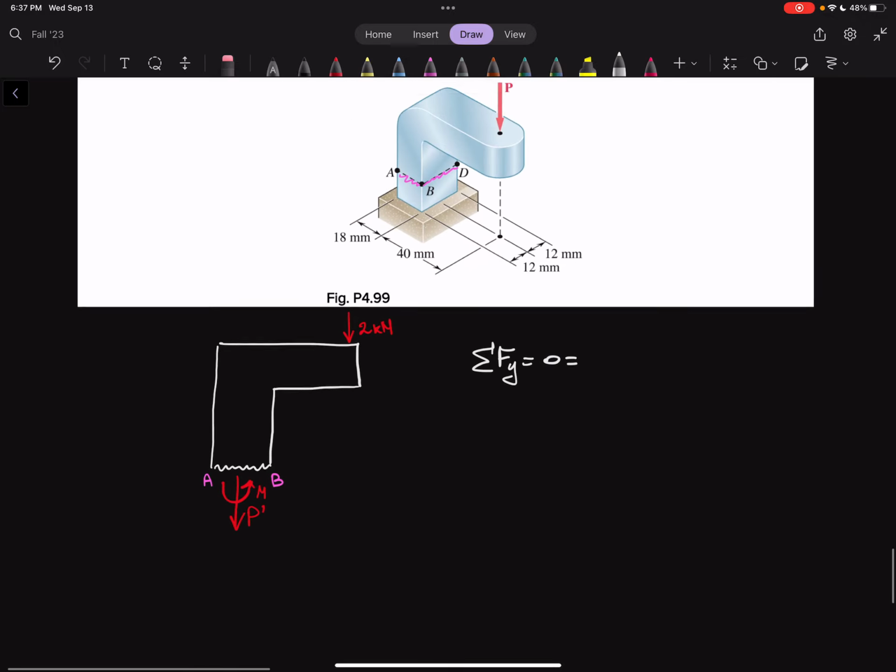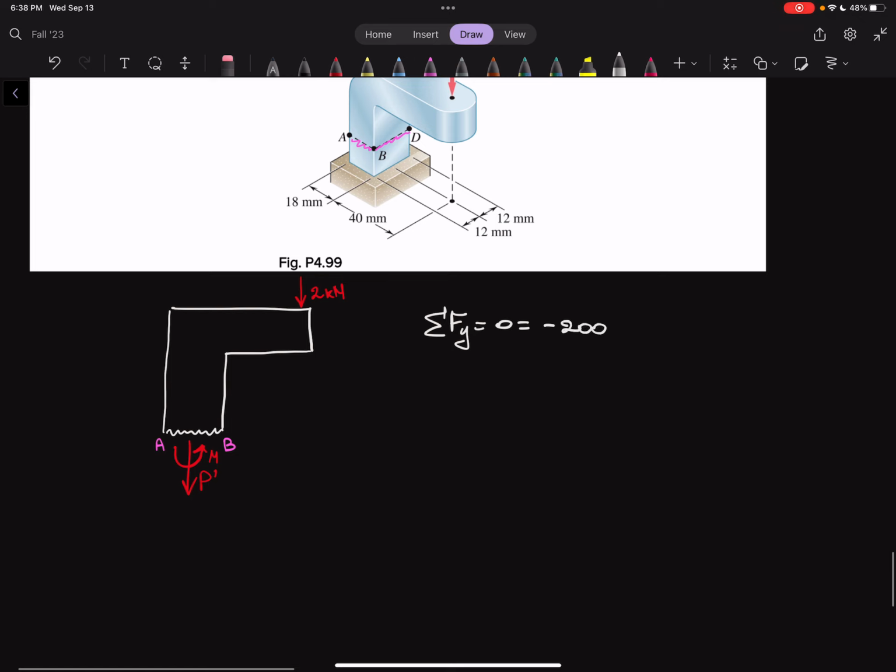So negative 2 kilonewtons, minus P1 is equal to 0, so P1 is equal to minus 2 kilonewtons, which is telling us, hey, you need to flip that, it's in compression.